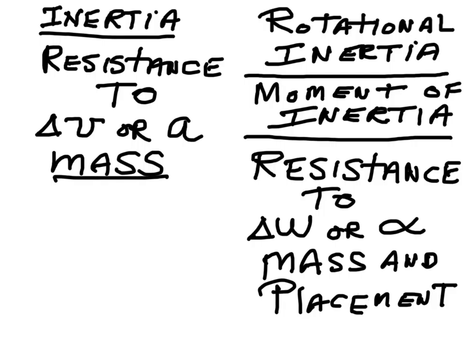And so similarly, rotational inertia will be resistance to rotation, resistance to change in angular speed, or resistance to angular acceleration, which is a change in angular speed. And the rotation of an object depends not only on its mass, but the placement of the mass, as I'll show you in the following examples.